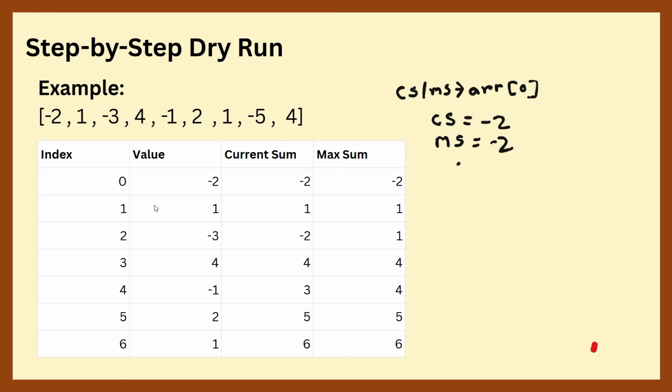For index 1, the value is 1, and 1 is greater than minus 2, so current sum is updated and maximum sum is also updated.